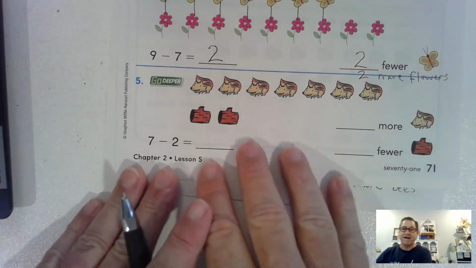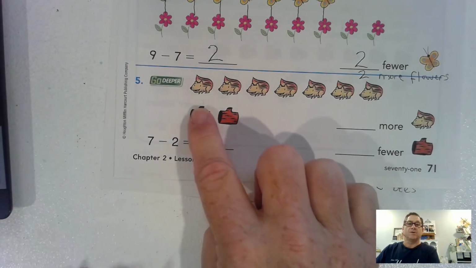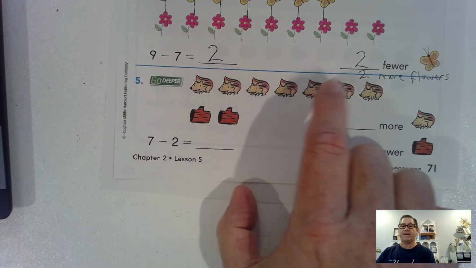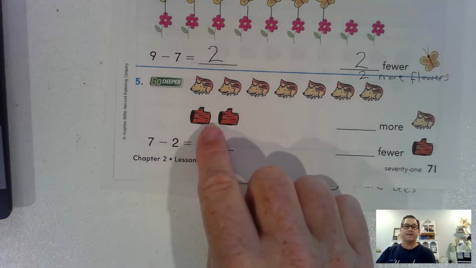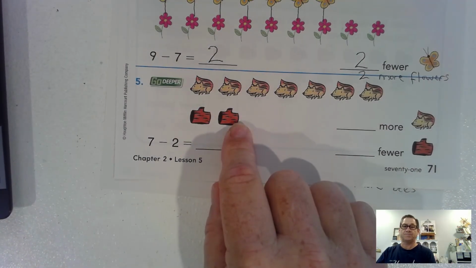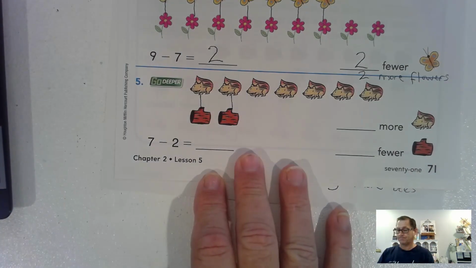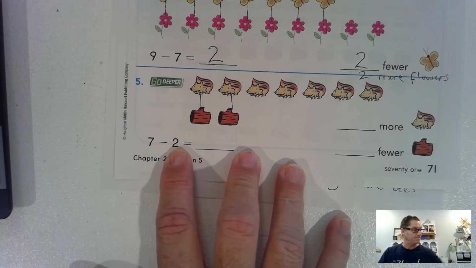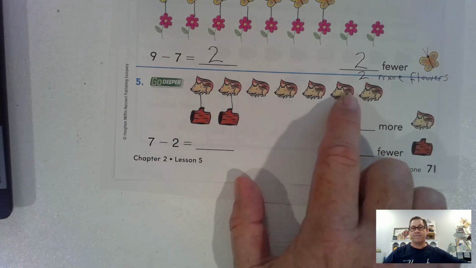Okay, and number 5, we get into that idea of more and fewer. Okay, so we have 1, 2, 3, 4, 5, 6, 7. Take away 2. Okay, there's only 2 here. Connect them. 7 take away 2 is what? What's the difference? 1, 2, 3, 4, 5.